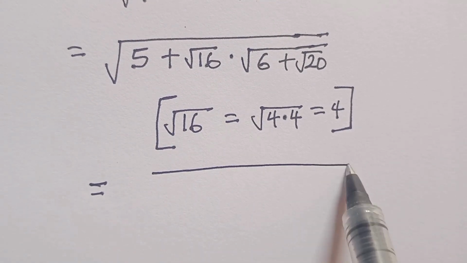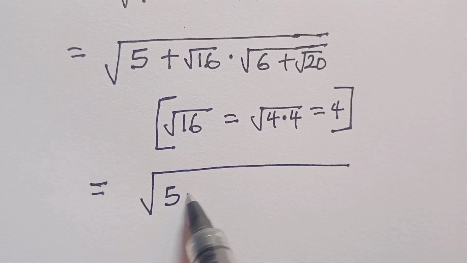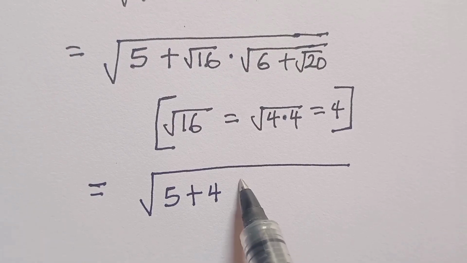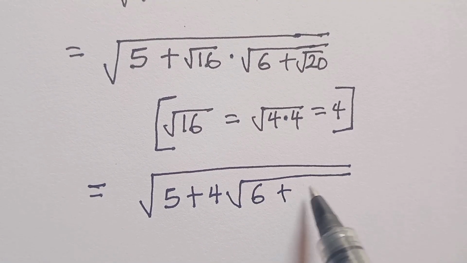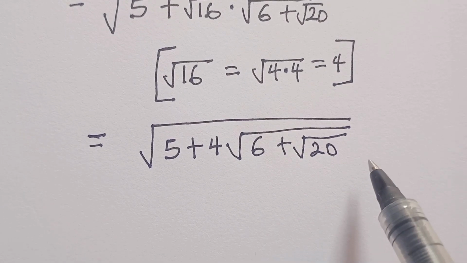We are having the square root of 5 plus the square root of 16, which is 4, that's plus 4, into the square root of 6 plus the square root of 20.